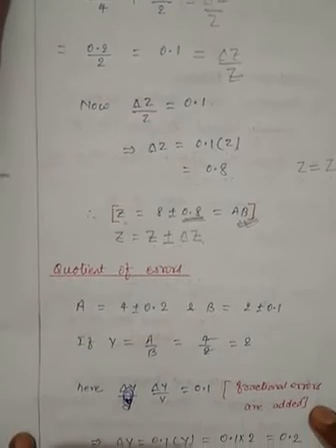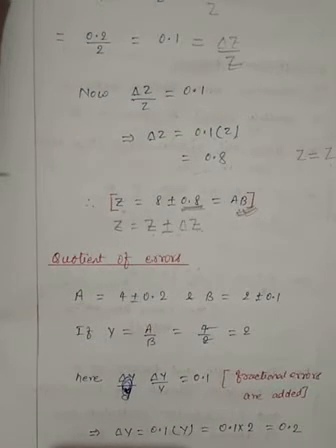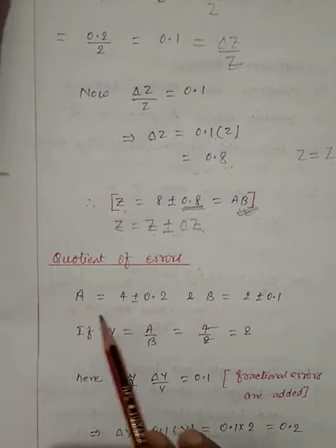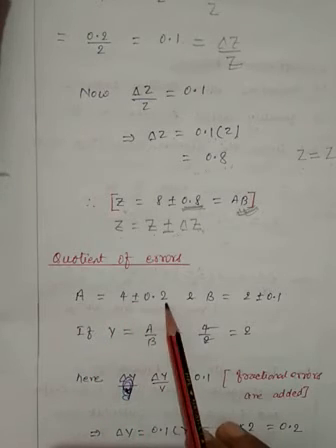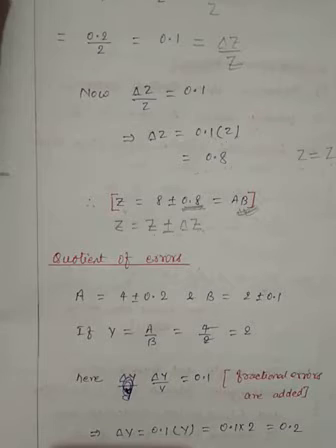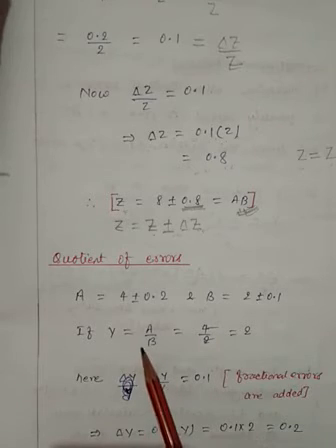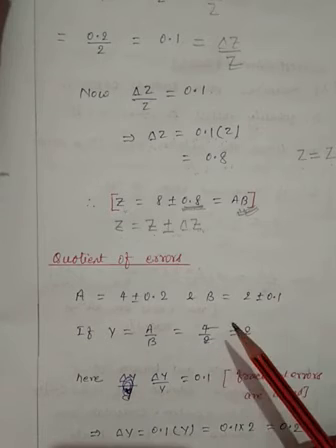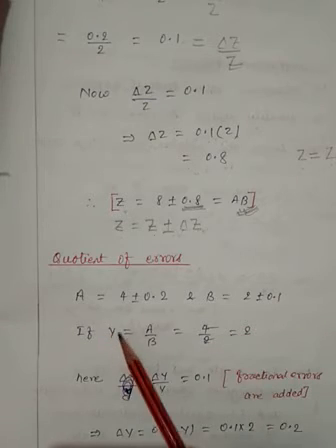Now, the last algebraic operation is left over, the quotient of errors, that is normally what we know as division. For simplicity we will take the same values of a and b. Let us say a is equal to 4 plus minus 0.2 and b is equal to 2 plus minus 0.1. If you want to represent the quotient, that is the division, let us say the quotient is y.